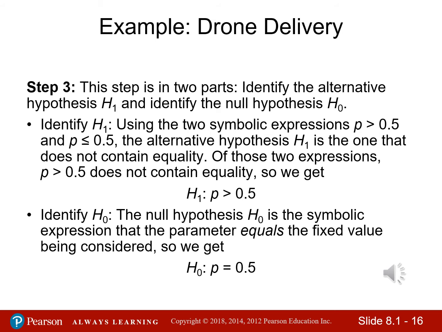Of those two expressions, P greater than 0.5 does not contain the equality. So we get the alternative hypothesis H1 is P greater than 0.5. The null hypothesis H0 is the symbolic expression that the parameter equals the fixed value being considered. So our null hypothesis is P equals 0.5.